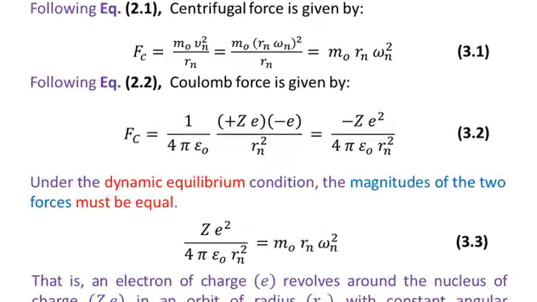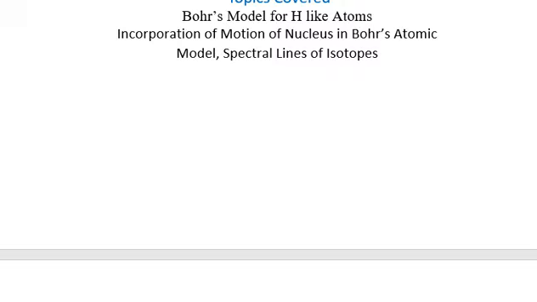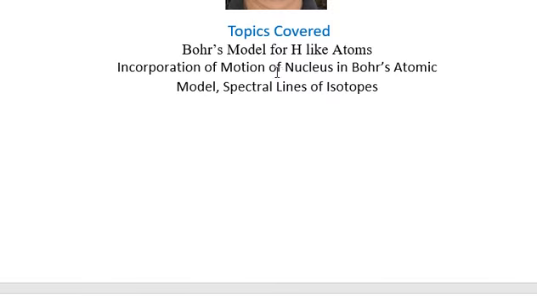In today's lecture I have explained the Bohr's atomic model for hydrogen-like atoms. I have incorporated the motion of the nucleus in the Bohr's atomic model, so that I can explain the discrepancy between the values of the Rydberg constant and the expression that we obtained using the semi-classical approach as its counterpart.